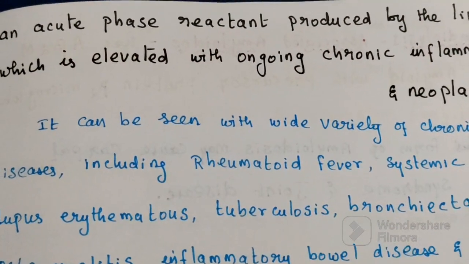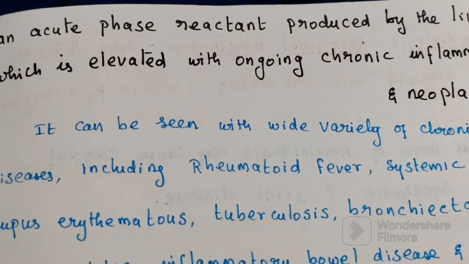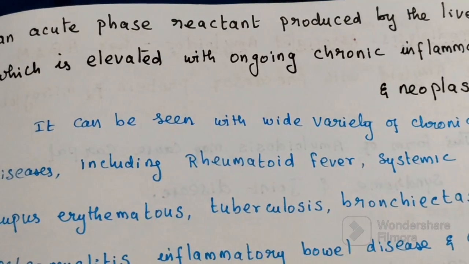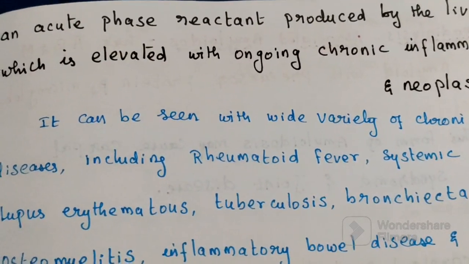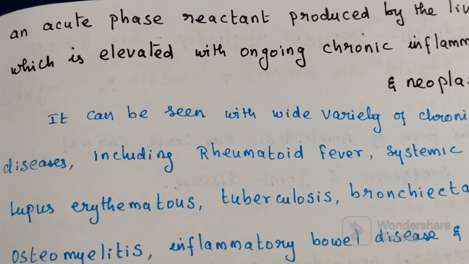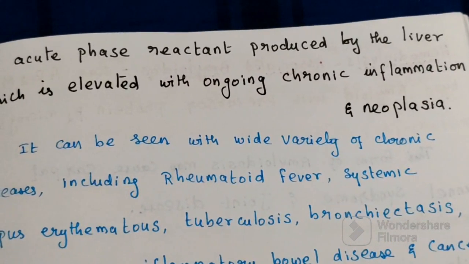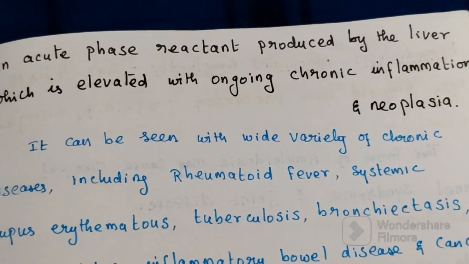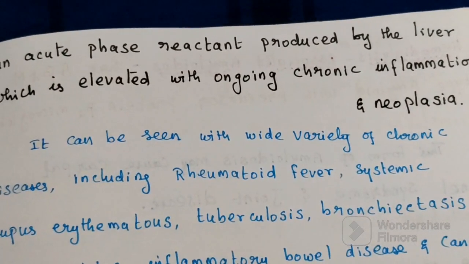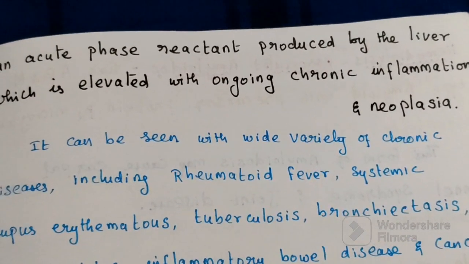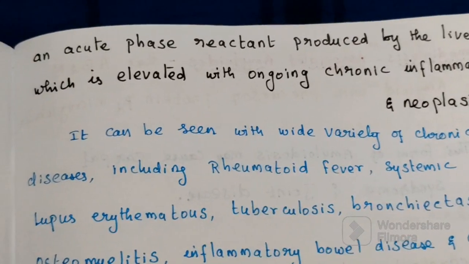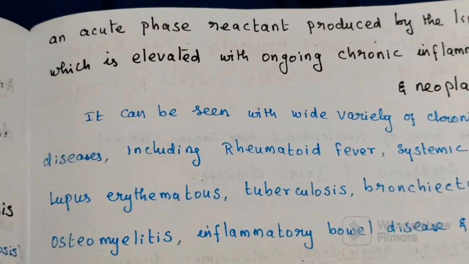So which proteins are mainly responsible for the production of amyloid? During inflammation or a chronic inflammatory process, different sorts of cytokines are produced.